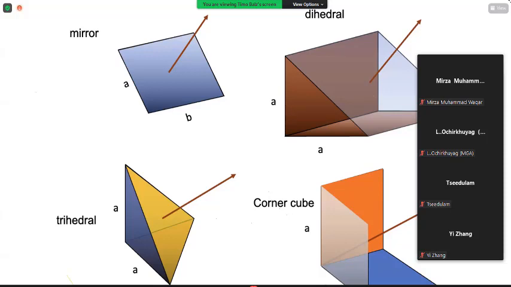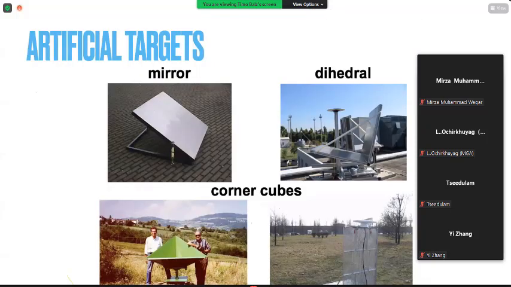We find a lot of dihedrals, rectangular forms, perpendicular forms in man-made objects, right? We like to build such cubes, okay, buildings and so on. We like to build perpendicular. So we will see them a lot in man-made areas, okay, urban areas and so on.